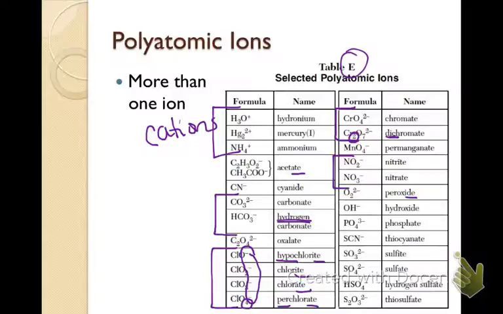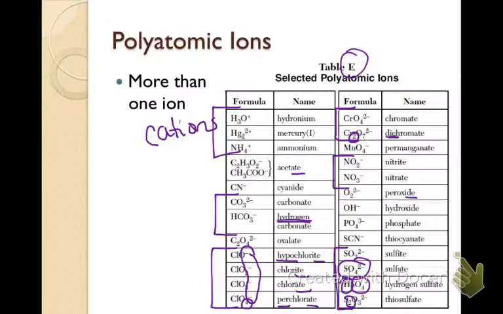Let's see, and sulfate and all these sulfites. So sulfite has 3 oxygens, sulfate has 4. Hydrogen sulfate, you actually end up forming a hydrogen in there from that original sulfate. And then thiosulfate's just a little weird. It actually ends up being S2O3, so that actually ends up being 2 sulfurs in there.